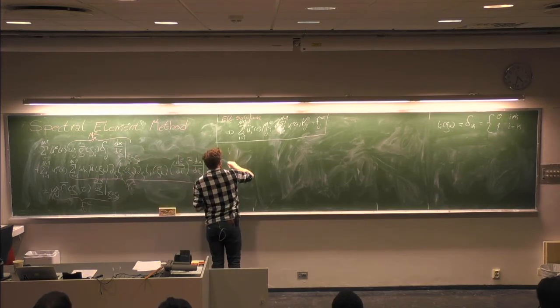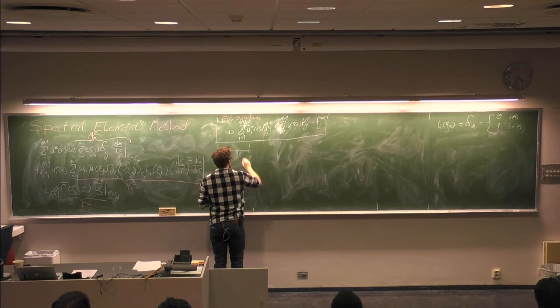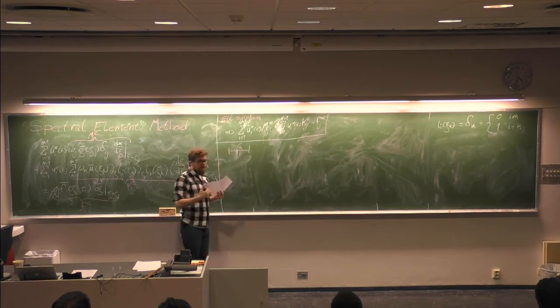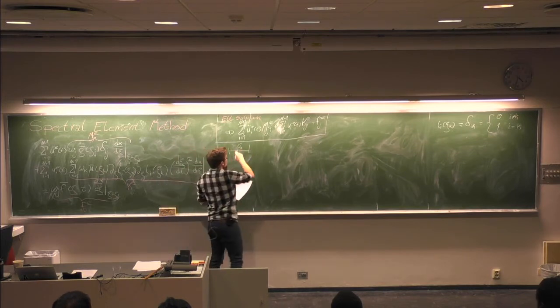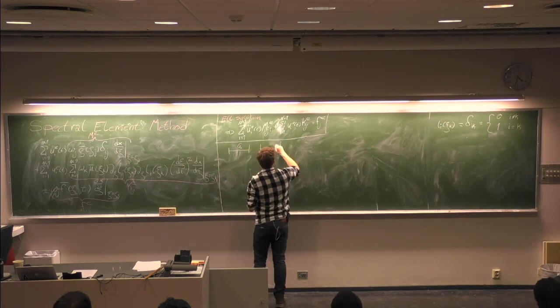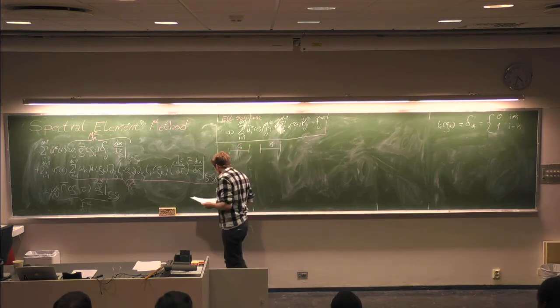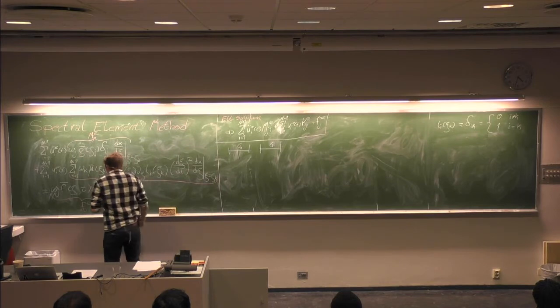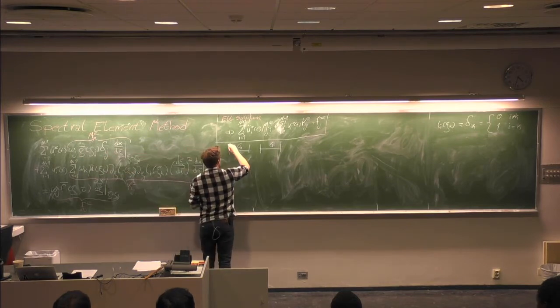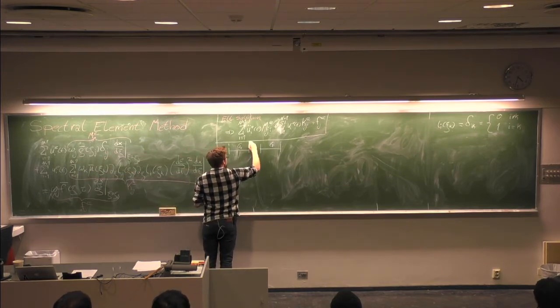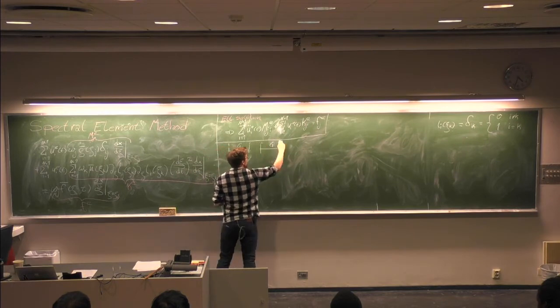So I'm just going to make it easy now. We have split our main domain into two smaller ones, G1 and G2. When we label these points, they're going to be labeled 1, 2, 3, 4.